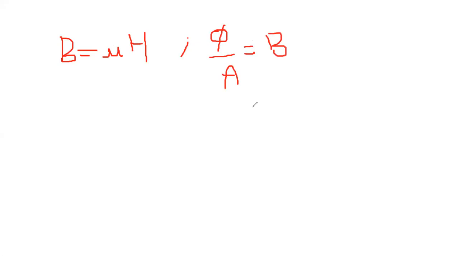Yes, it's in RMS, don't worry about this. As we said, the flux density B can be equal to mu times H, or it can be equal to phi over A. In this case we don't have H, and we want to find the flux density, so we can use the expression of the induced voltage. Okay, let's go back to the presentation.